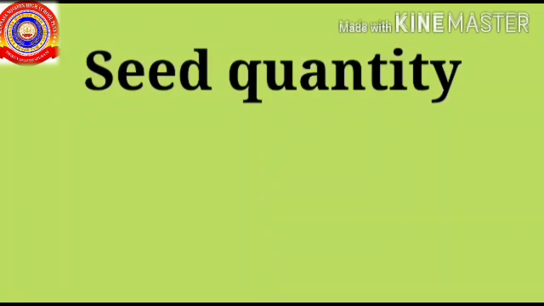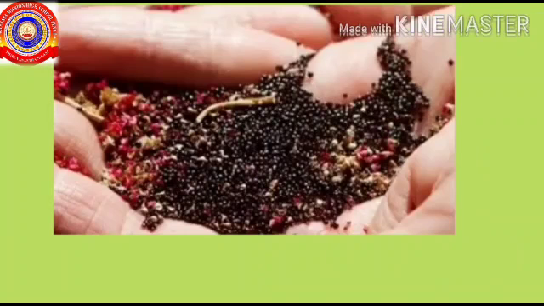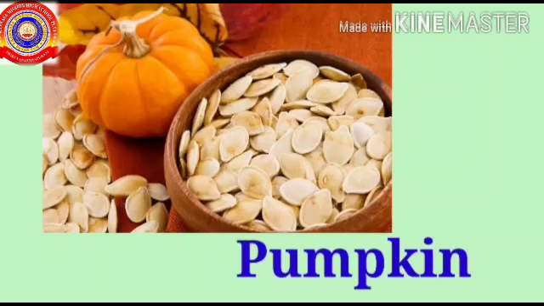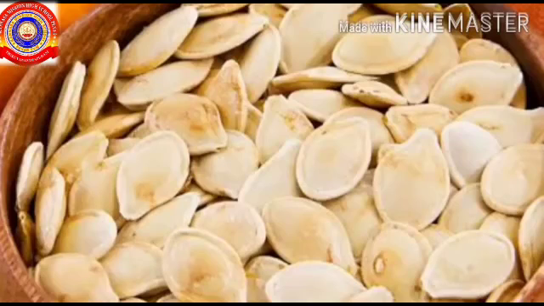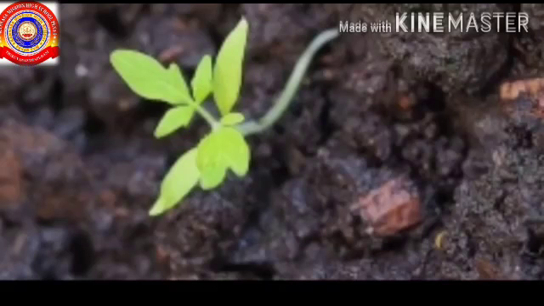This happens when the seeds are too small, like chili, tomato, and spinach. Some seeds are directly planted. Example, pumpkin, cucumber, and lady's finger, because we can identify whether the seeds are good or bad.